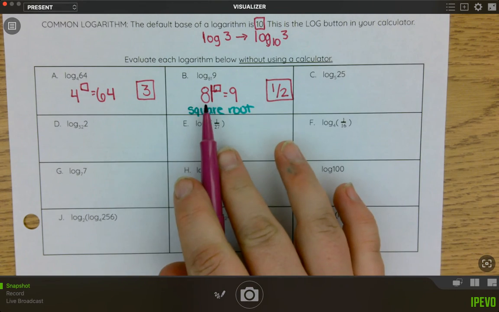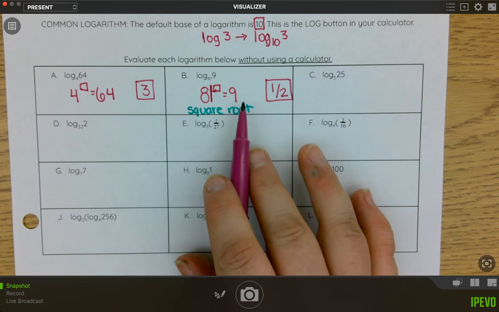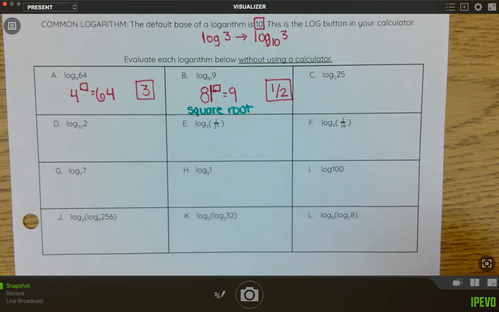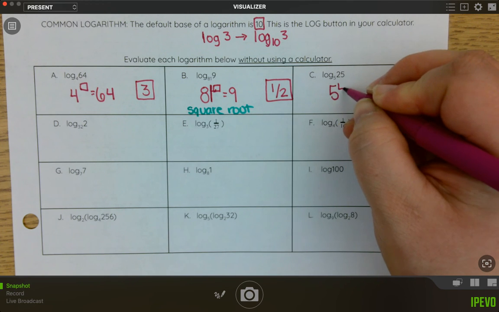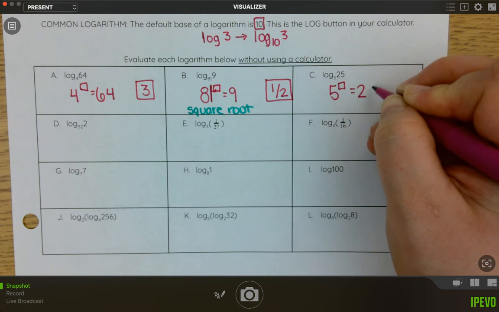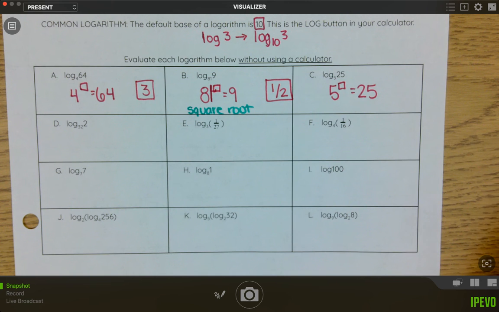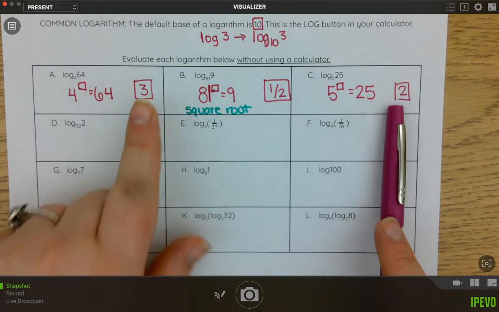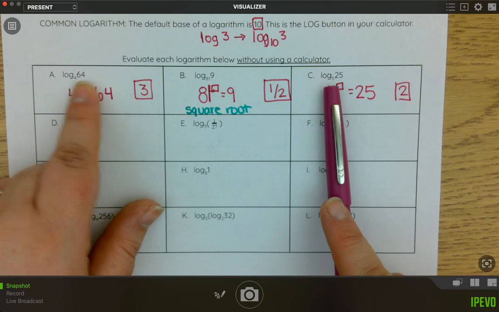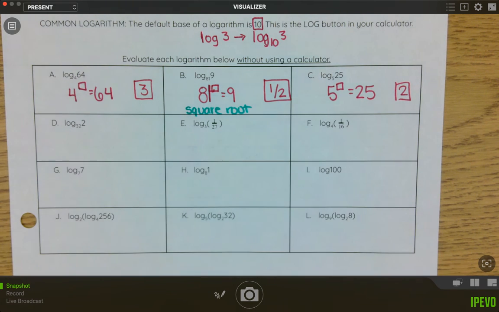So anytime you have to do a square root or make the number smaller like this, that's going to be a fraction exponent. And then the very last one on the top row is probably pretty easy. 5 to what power is 25? 2. So your answer is the power of the base that gives you the number next to it.